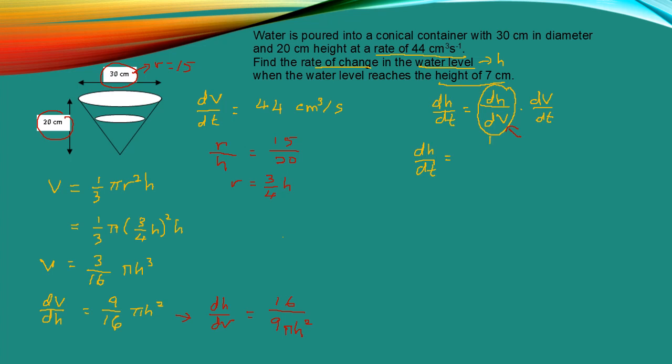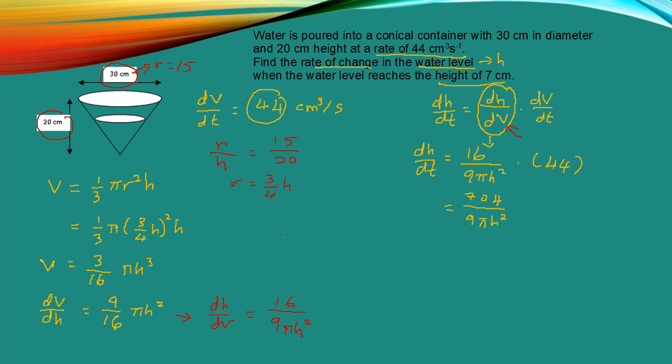So substitute dH over dV is 16 over 9 pi h square multiplied by dV over dt, just now we have 44. Simplify this one, we get 704 over 9 pi h square.